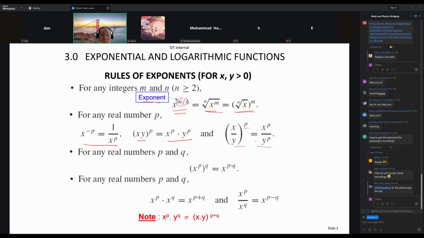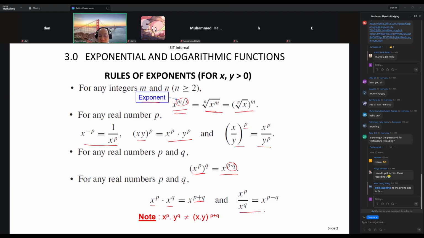These are all exponential functions. When you have (x to the power of p) to the power of q, then it's x to the power of p times q. But when you have x to the power of p times x to the power of q, then it's x to the power of p plus q.